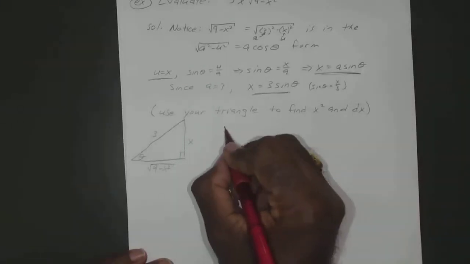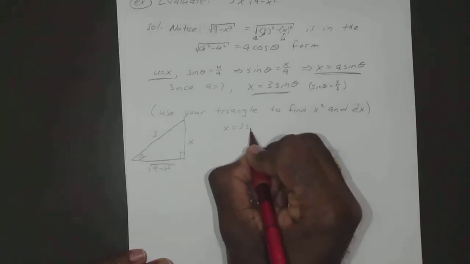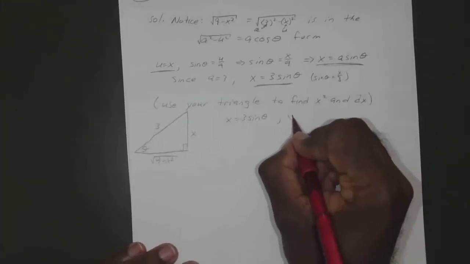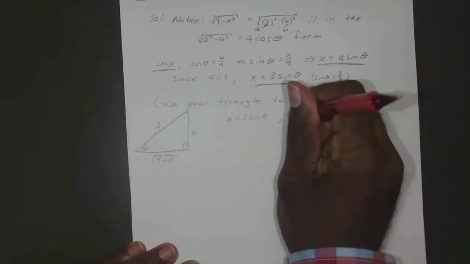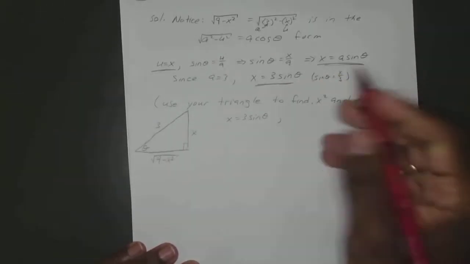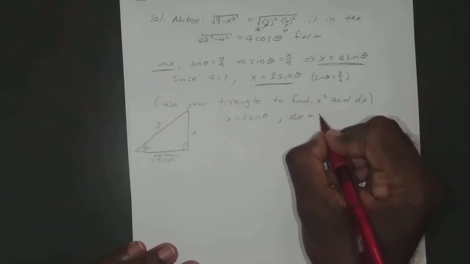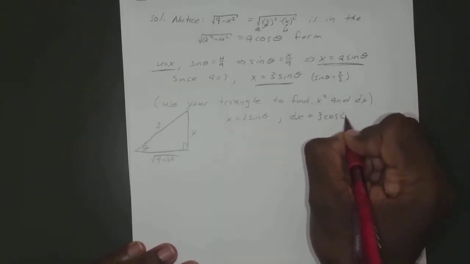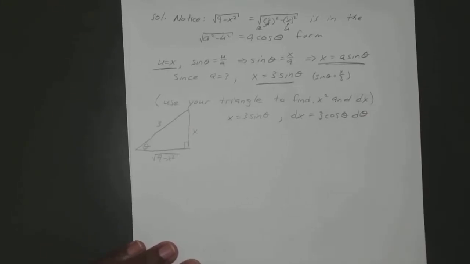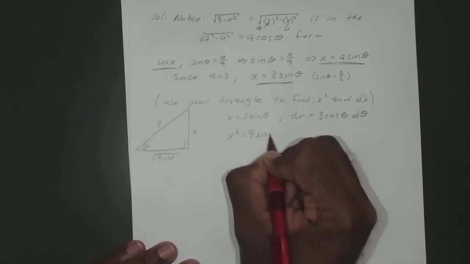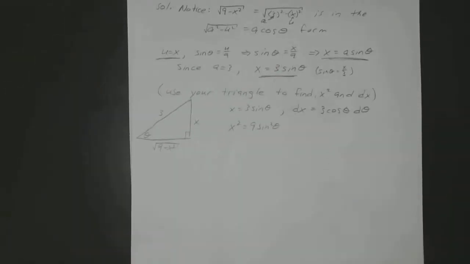We know that x is 3 sine of theta, so I should do the dx first, since it's right next to it. dx is equal to 3 cosine of theta with respect to theta, and our x squared is equal to 9 sine squared of theta.